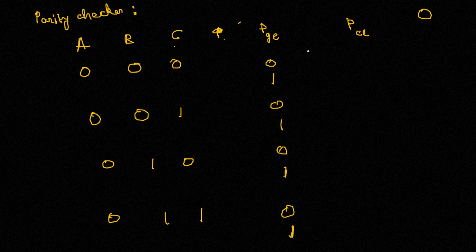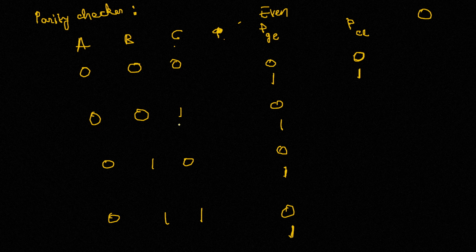So we know that for 0, 0, 0, we have an even number of ones. We are talking about even parity here, so our parity generator should actually give us 0. So the parity checker confirms that 0 is correct and 1 is wrong.